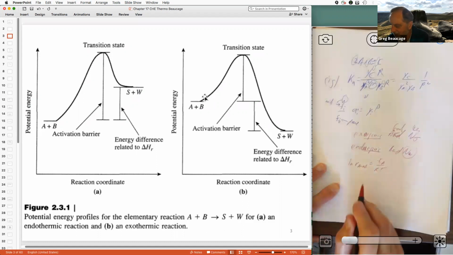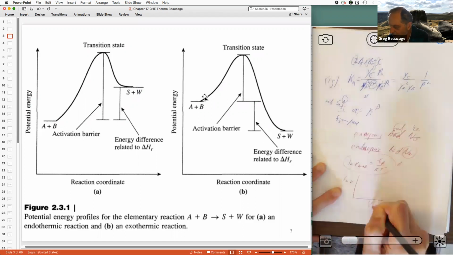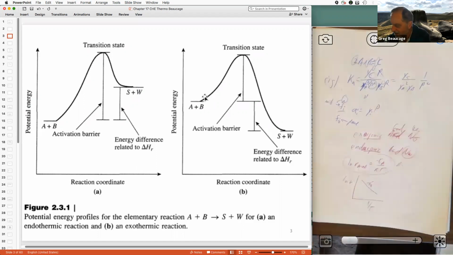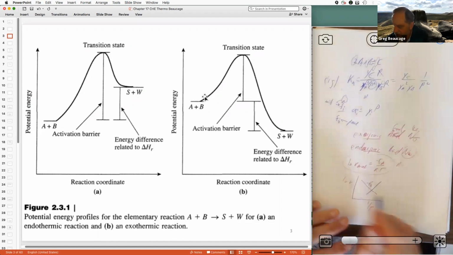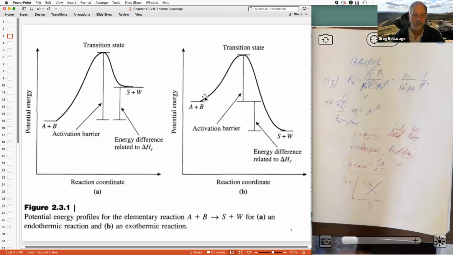So you'd plot the log of rate versus 1 over T, and the slope would be the energy. It could be either a positive energy, exergonic, or a negative energy, endergonic. That would be the scheme of things here. We're not interested in this at all in this course because we're not doing rates.